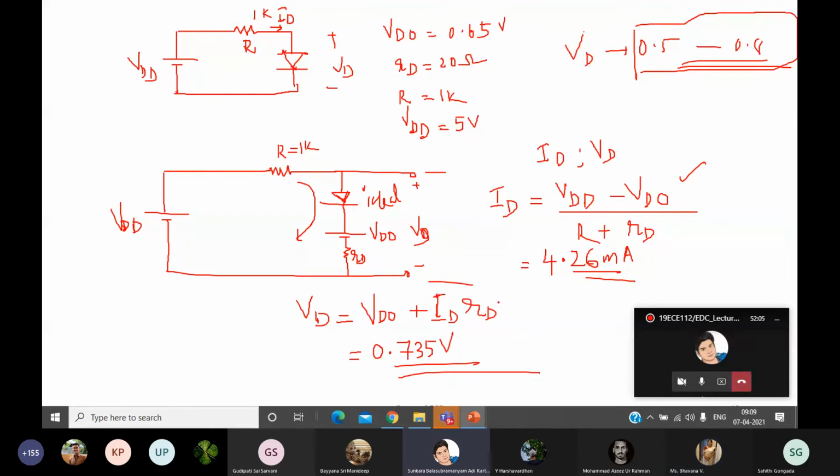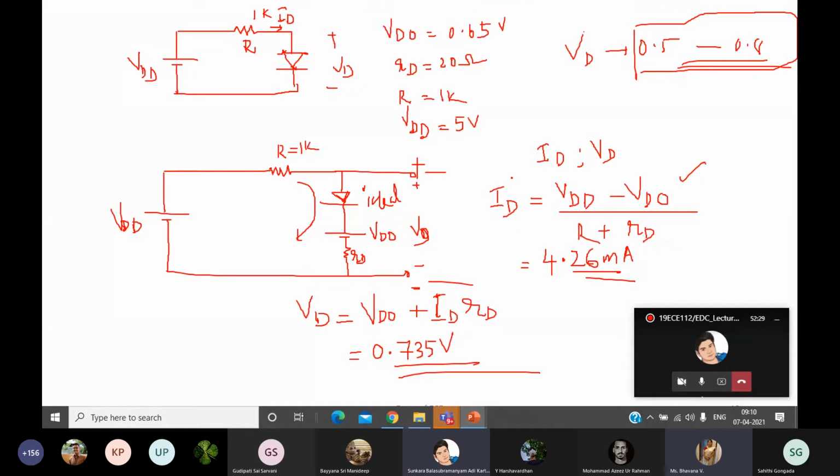For the ID calculation, we have subtracted them. Where we have subtracted, that is a loop equation. First of all, understand how to write a loop equation. That is a closed loop. Here we are writing the output expression with respect to this positive terminal and this negative terminal.